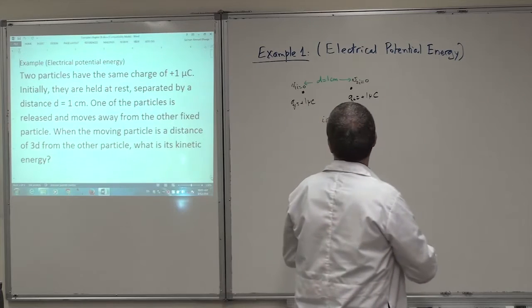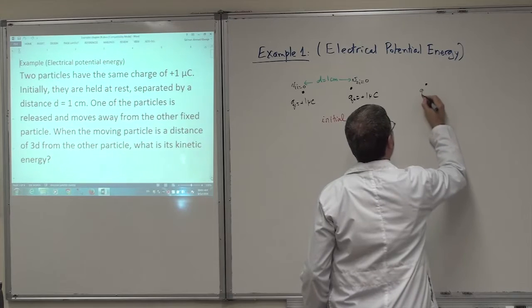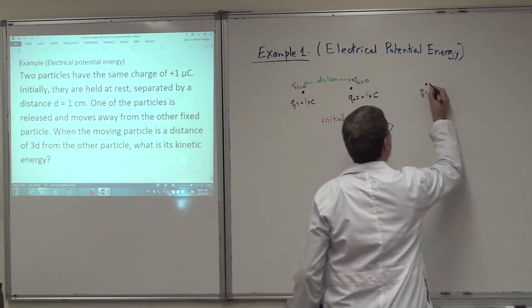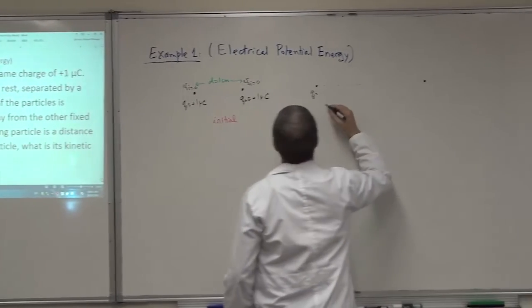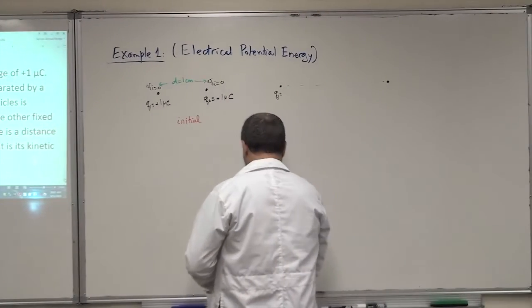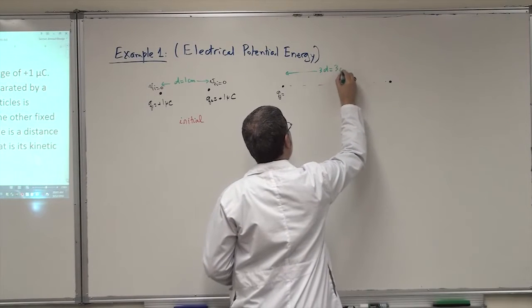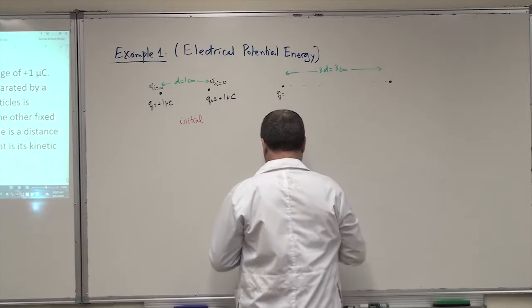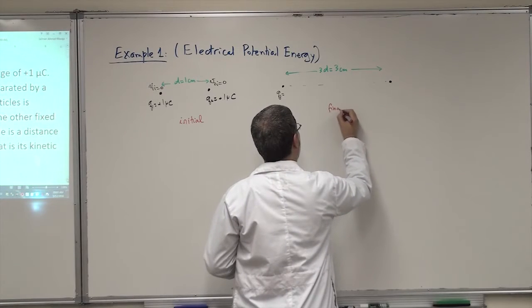So that's the initial configuration. Let's look at the final configuration. Q1 will remain here, but Q2 will be at a distance 3d. So the distance between the two particles is now 3d, which is 3 centimeters. This is the final configuration.